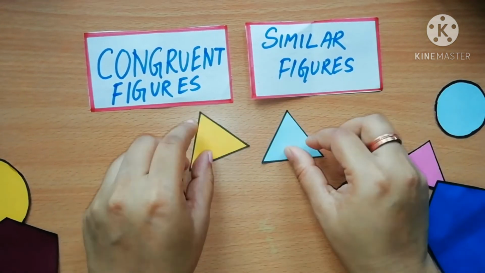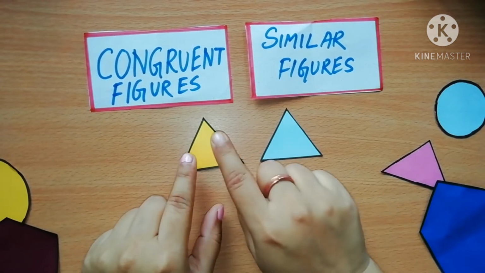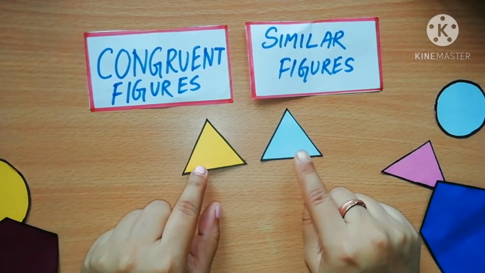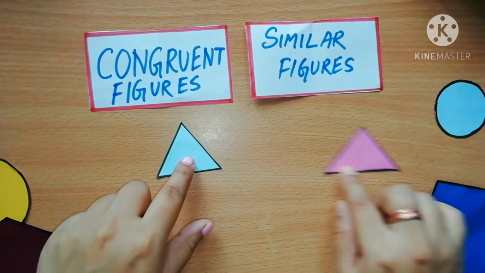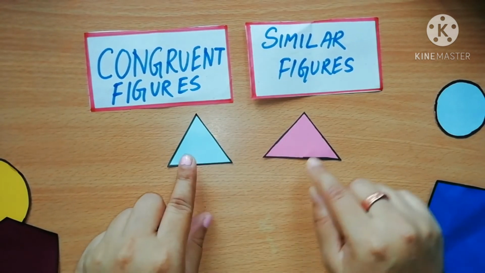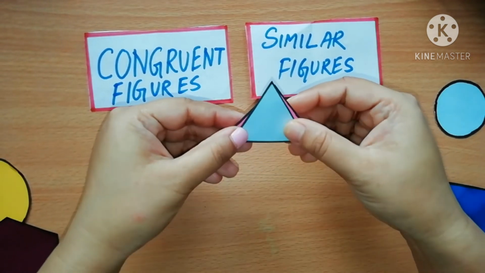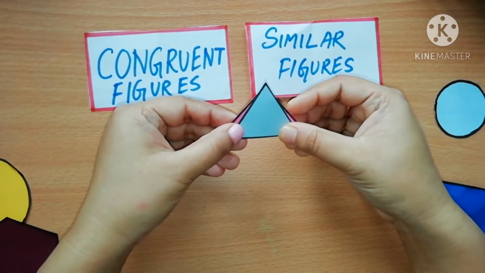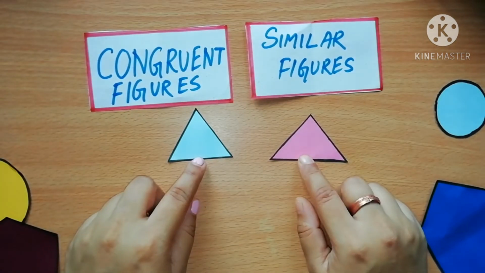So these two figures are congruent and they are similar too. So what have we concluded? We have concluded that congruent figures are similar, but similar figures may not be congruent. Okay, similar figures may not be congruent.